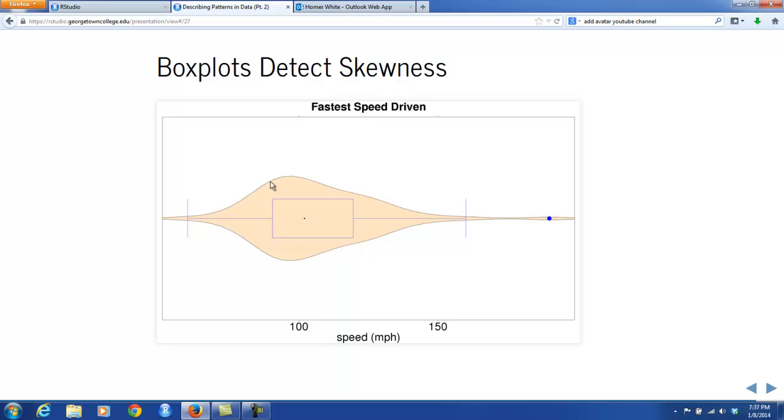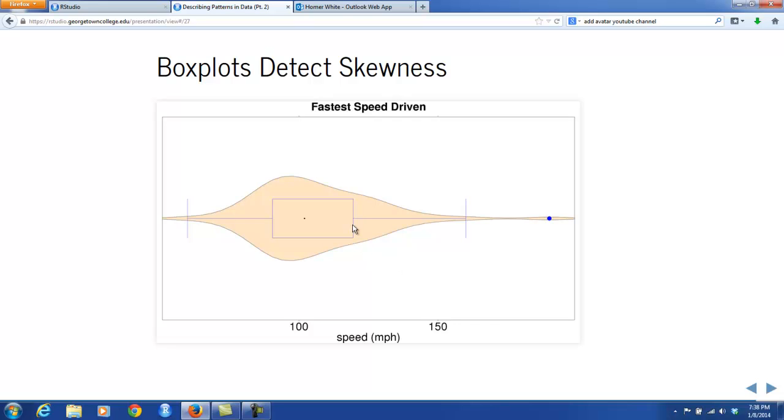Where the violin plot is thickest, that's where the data values are the most crowded together, and where it's thinner, the data values are spread out from each other. A box plot is done in combination with the violin plot, and here is the outlier at 190 miles per hour. And you can see that just like a density plot, a box plot can detect skewness.